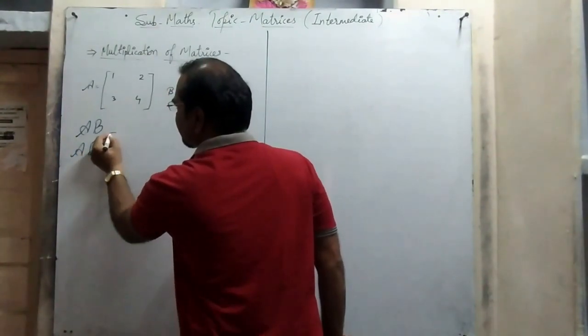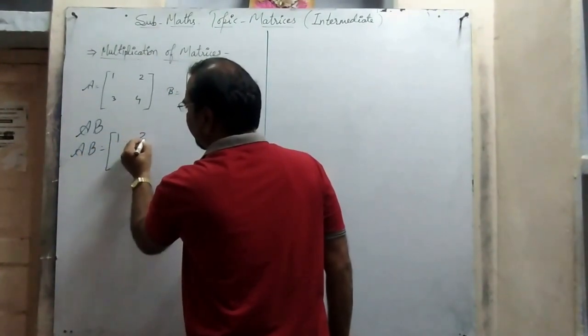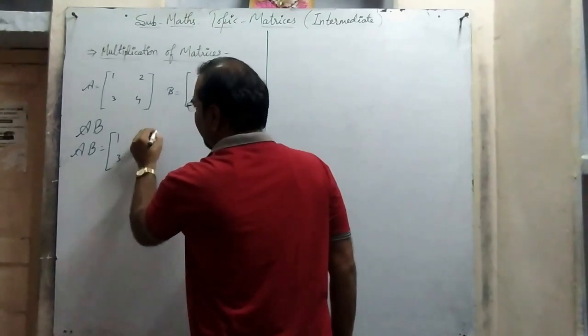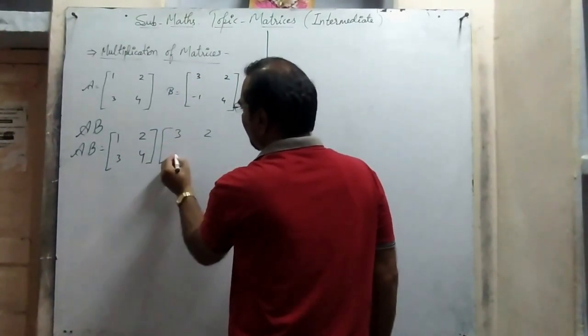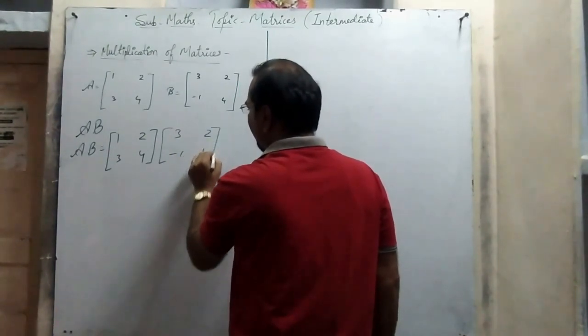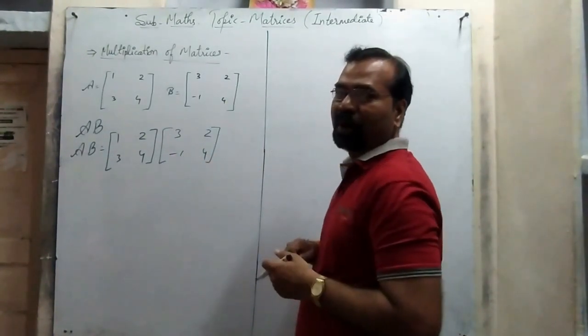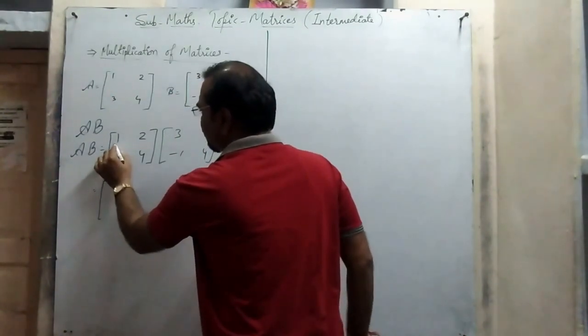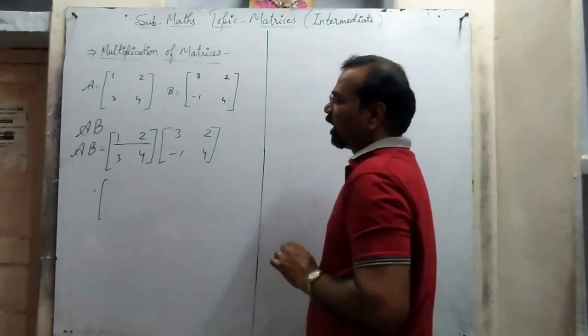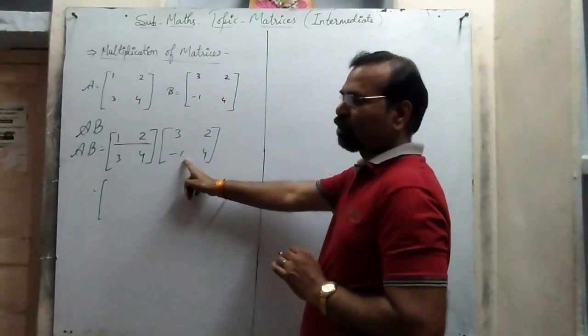AB is equal to, first you write the value of A, 1, 2, 3, 4, and the value of B, 3, 2, minus 1 and 4. There are some rules. First, the first row is multiplied by the first column.